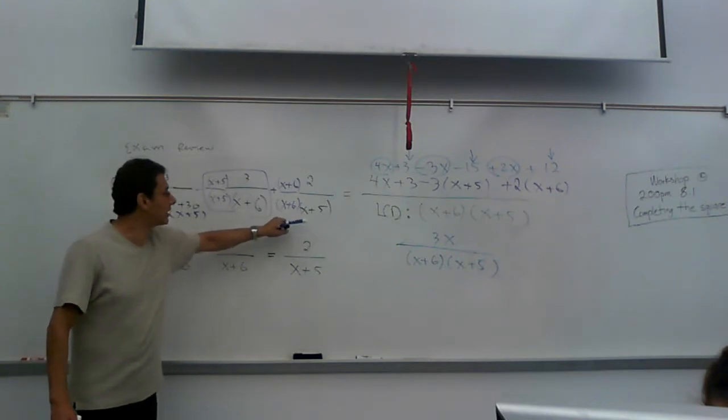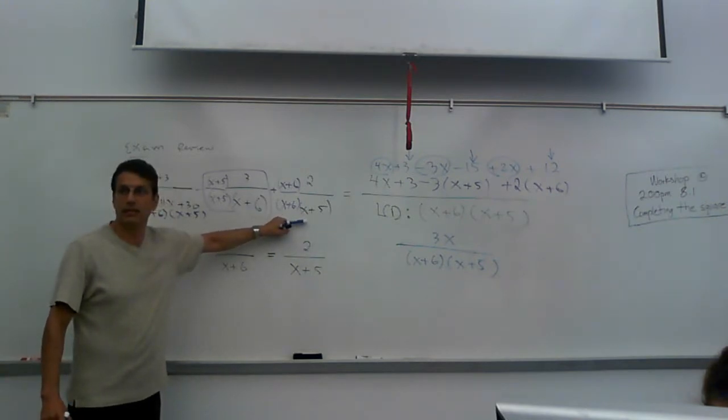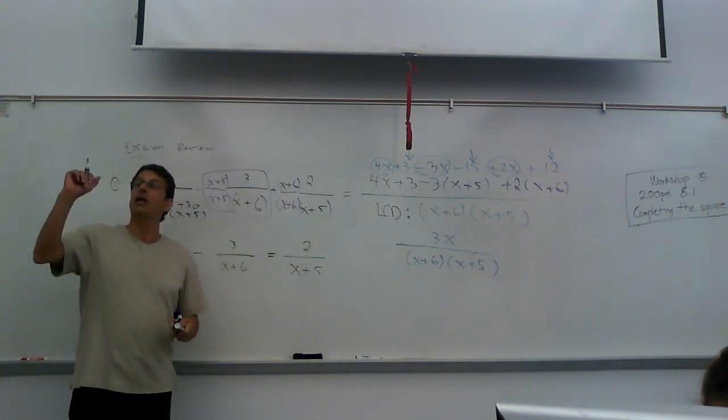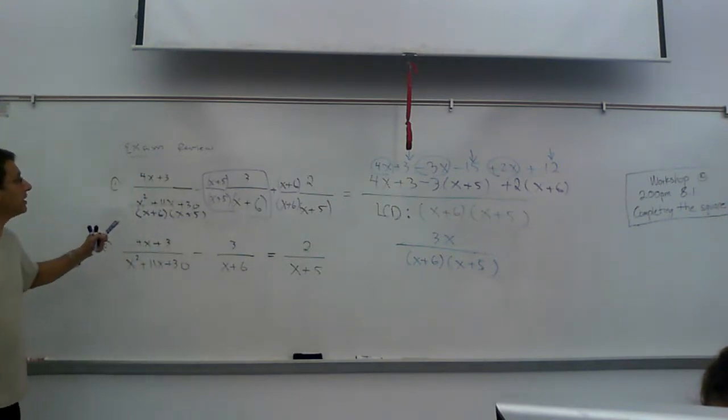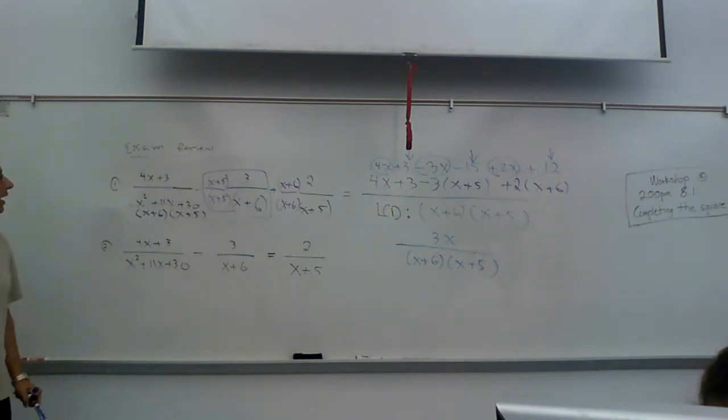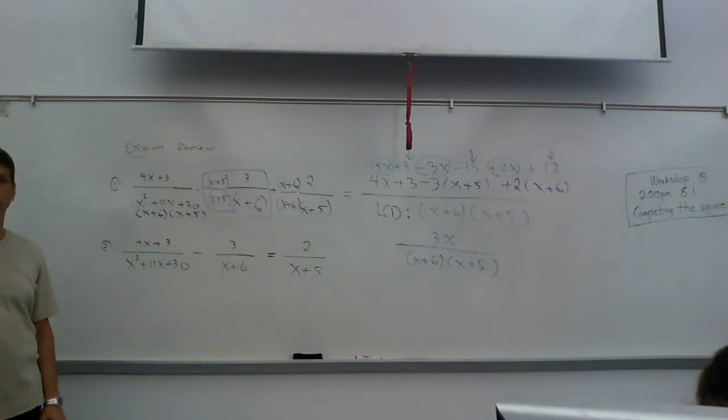This piece doesn't need x plus 5, so you need x plus 6 over x plus 6 only. If you do that, that means you are not considering only x plus 6 times x plus 5 as the common denominator. Okay, I get it. So it's very important to pay attention to the LCD.